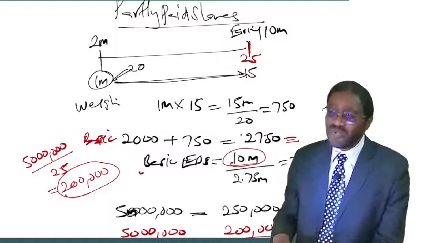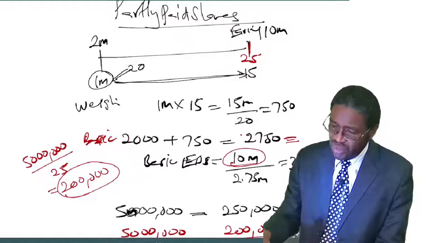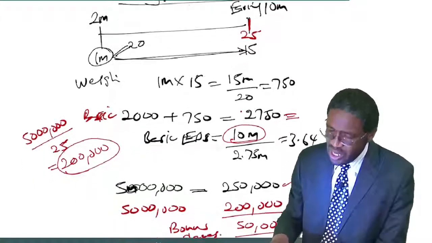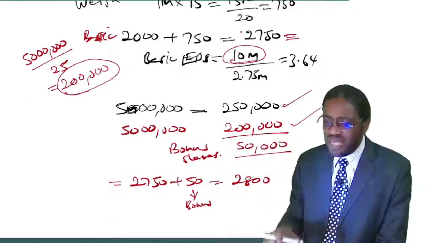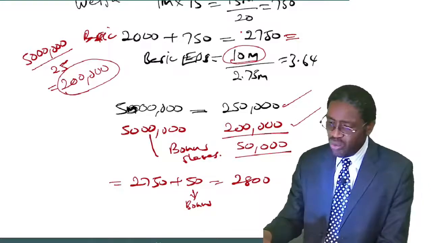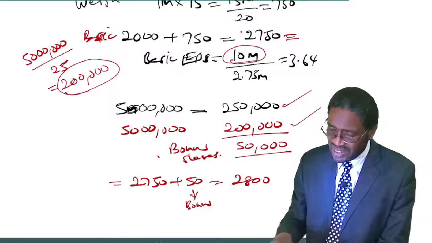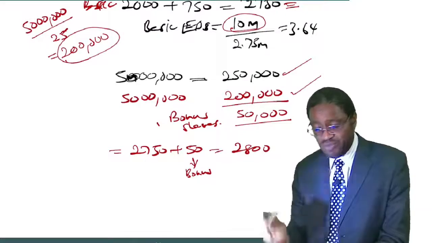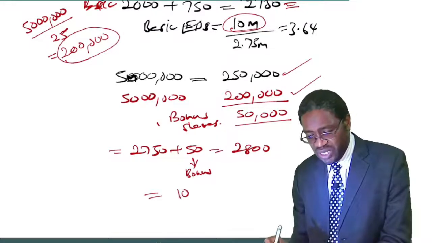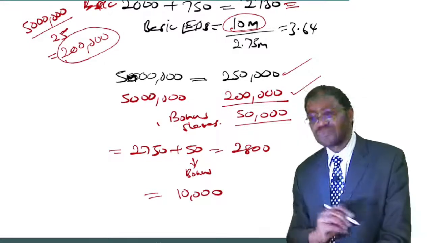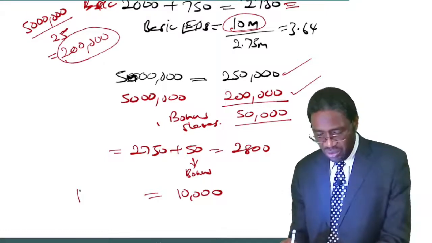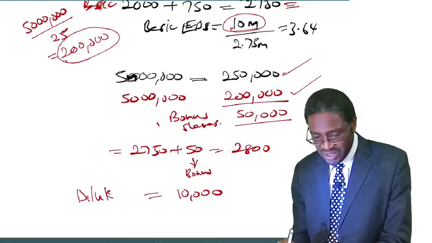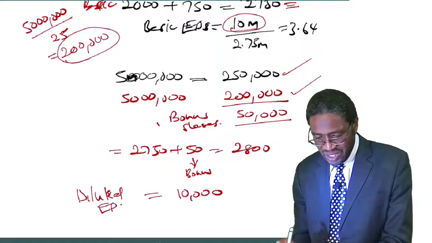So when I'm computing the diluted EPS, whatever I use for basic EPS as the earnings, which is 10 million for this one, we still use 10 million.